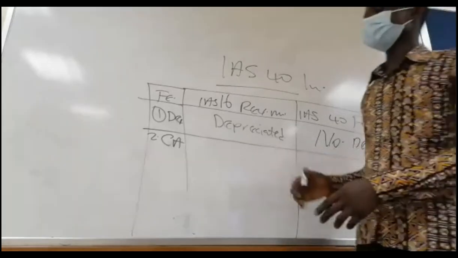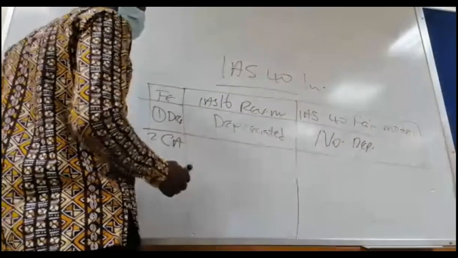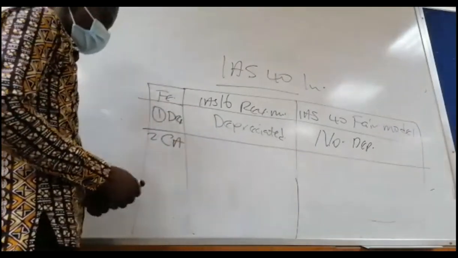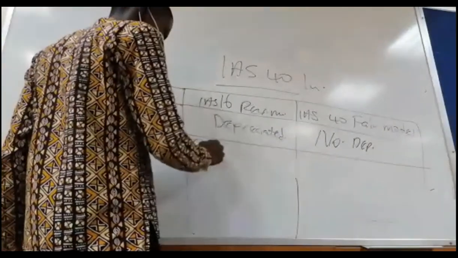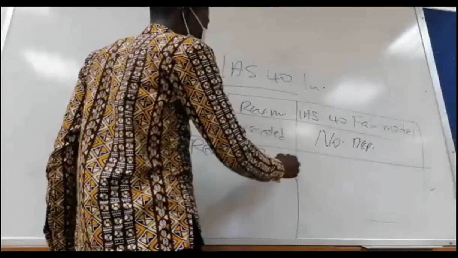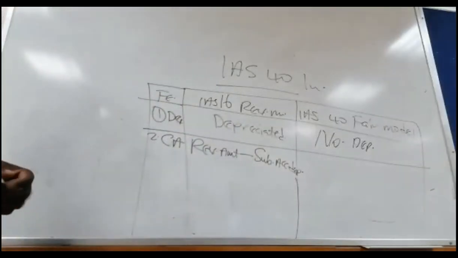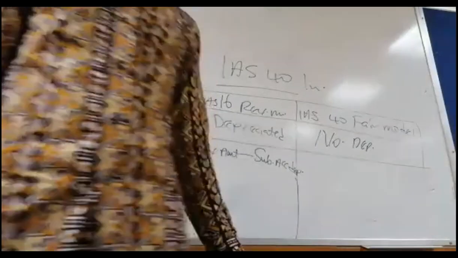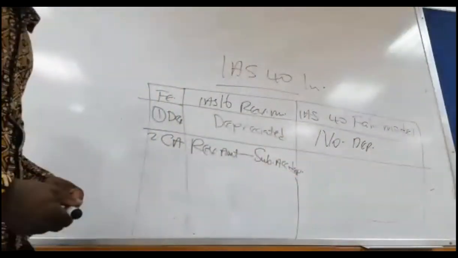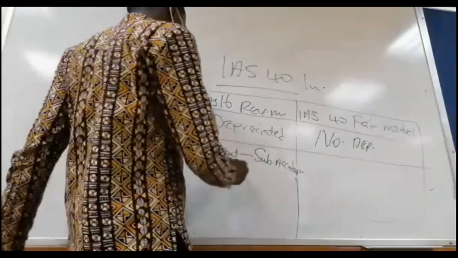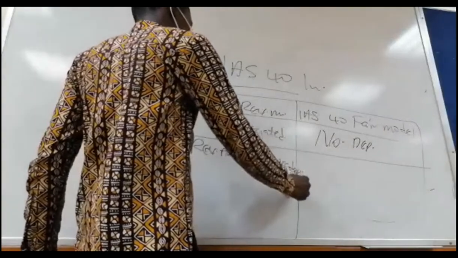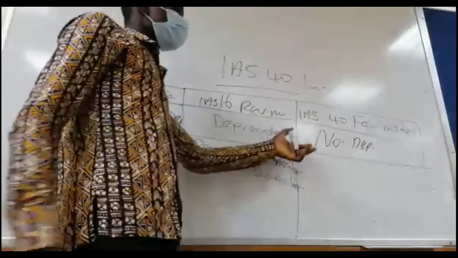So how do you obtain the carrying amount? The carrying amount of the asset under the IAS 16 revaluation model is calculated as follows: the revalued amount, less the subsequent accumulated depreciation, less the subsequent accumulated impairment loss.